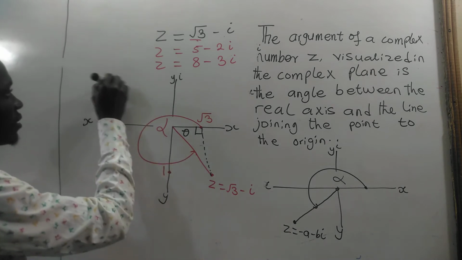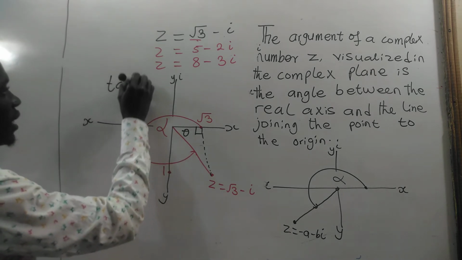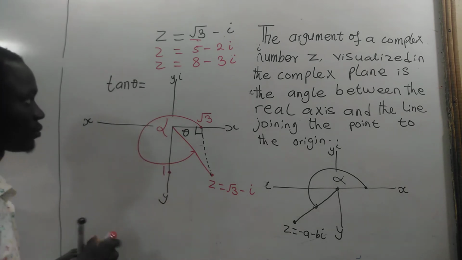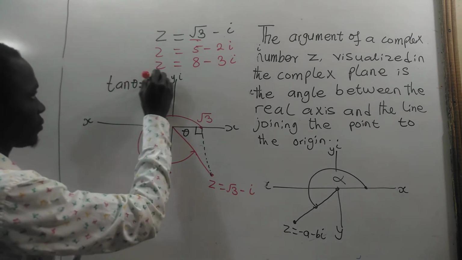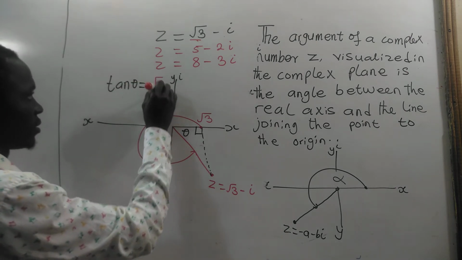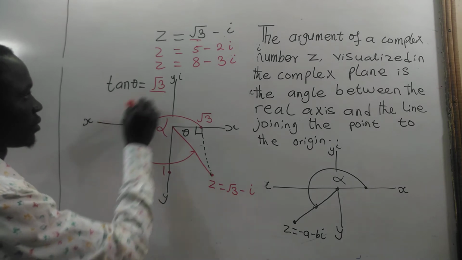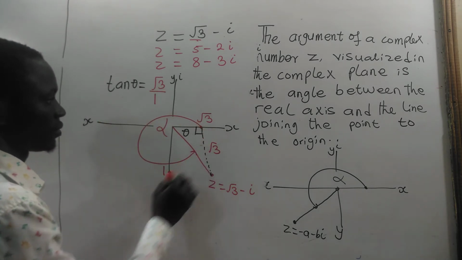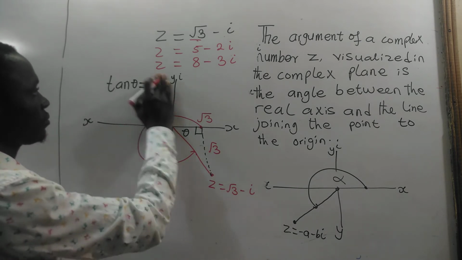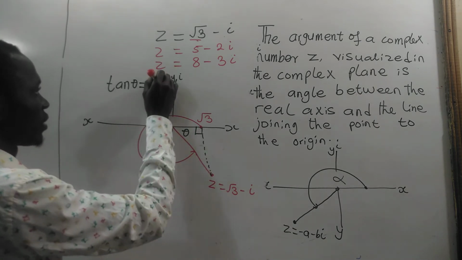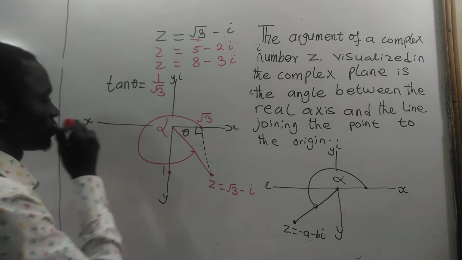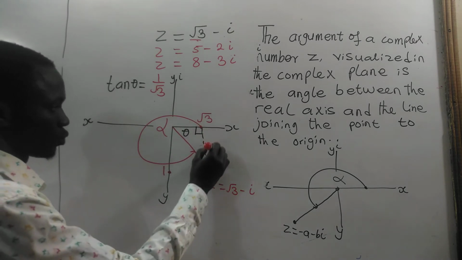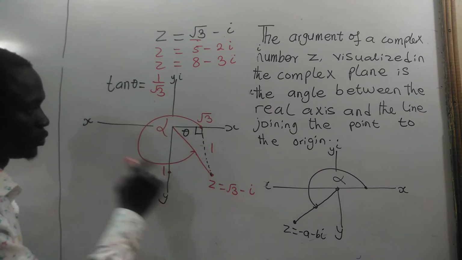So if we take the tangent of theta, it is equal to 1 divided by root 3, because from here to here is 1, that's the same as from here to here.